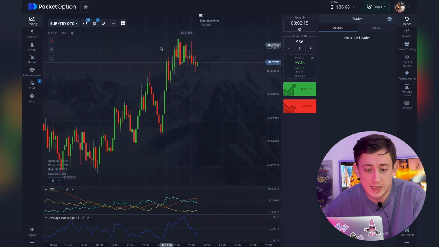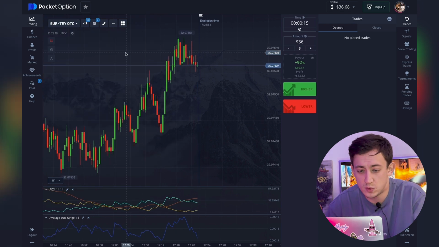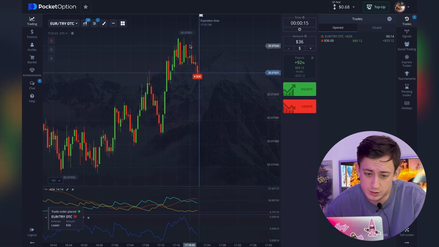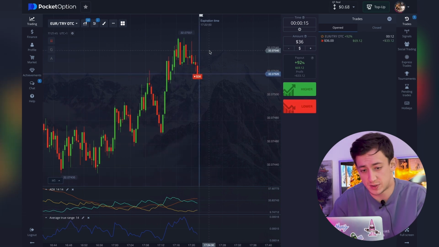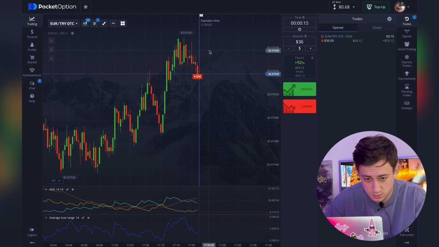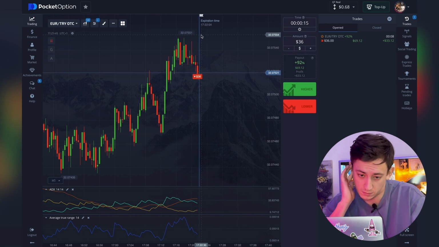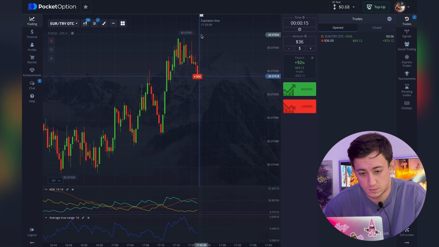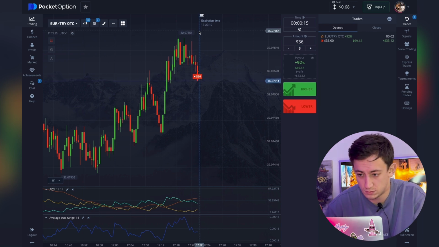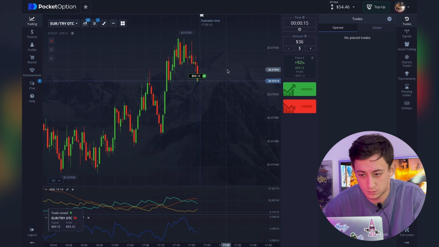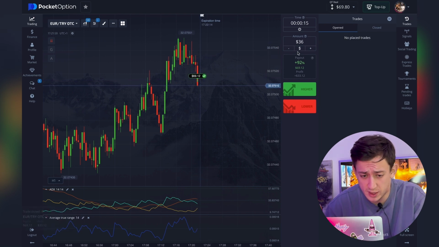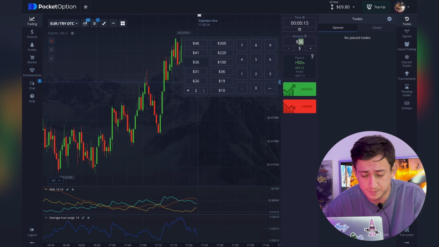Next is the Euro Turkish lira currency pair. Both indicators signal a downward movement, so I enter a short position and expect a profit. Profit achieved, and we stay right here guys.